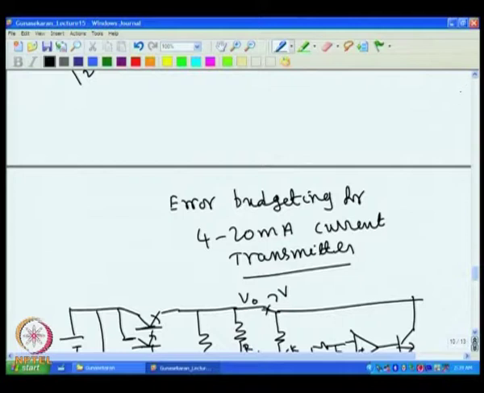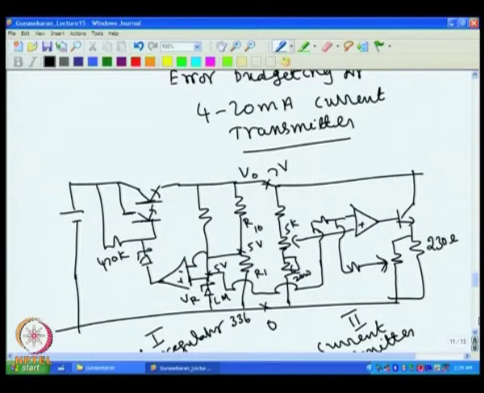So, this was taken as 470K, this was taken as 470K, this was taken as 470K, and this was taken as 5K. So, we had taken a 2 volt difference across 5K.